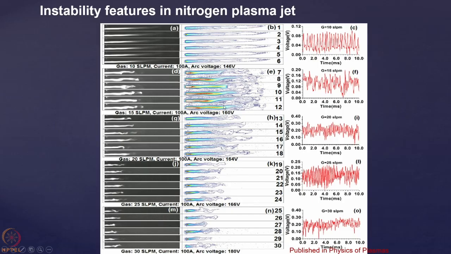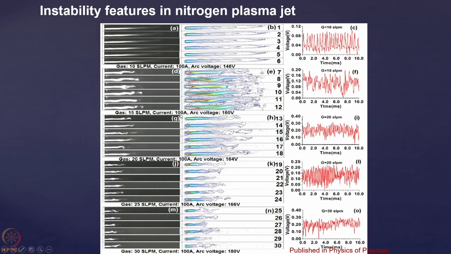So similarly, as you keep on increasing the flow rate, you see that 146 to 160 to 164 to 155, 166, and then you have reached 180 volt. But while you are pumping in more and more power, see here 100 ampere and 146 volt, so it is 14.6 kilowatt.